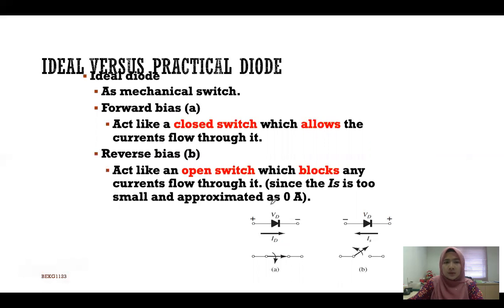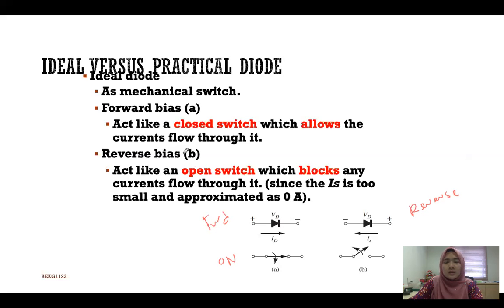So this is the ideal diode in forward bias. This is forward bias. This is reverse bias. For forward bias, this diode acts like a closed switch. This is on. So when the switch is closed, the current can flow.